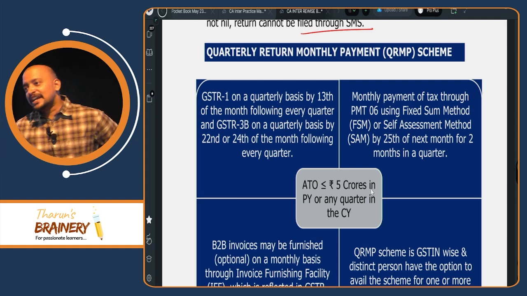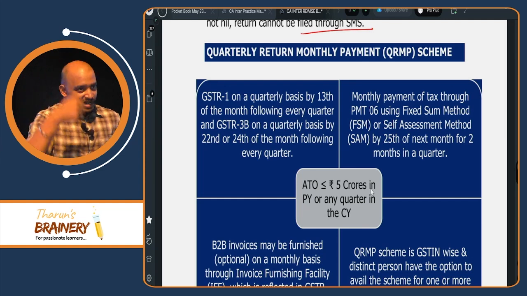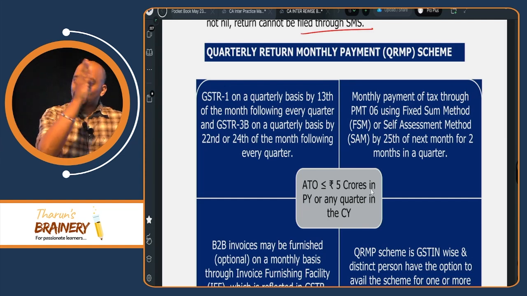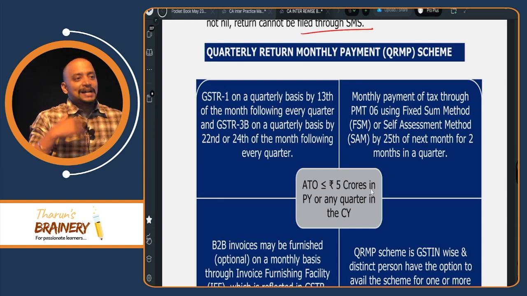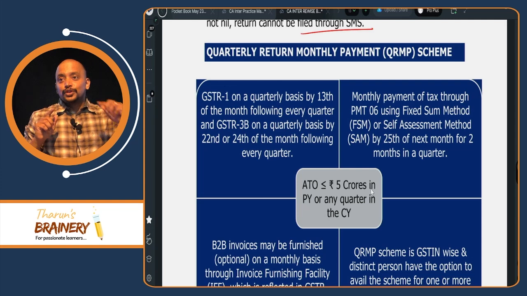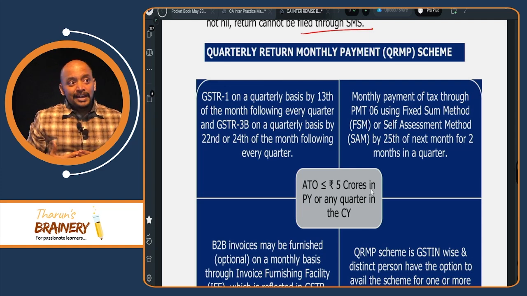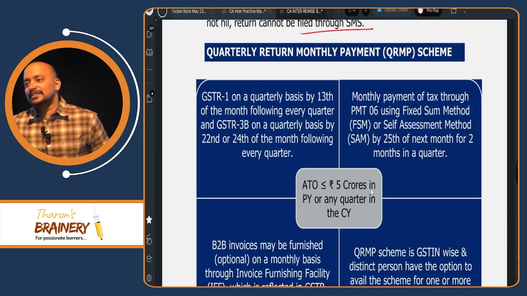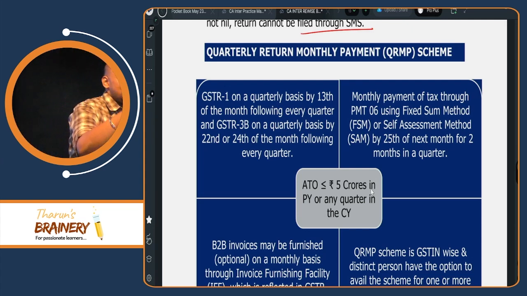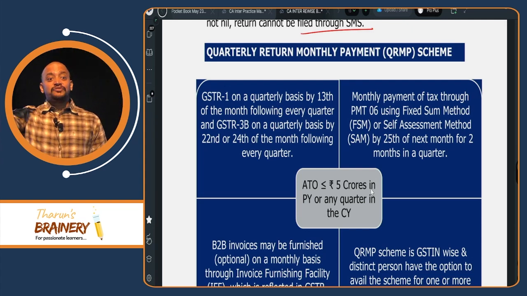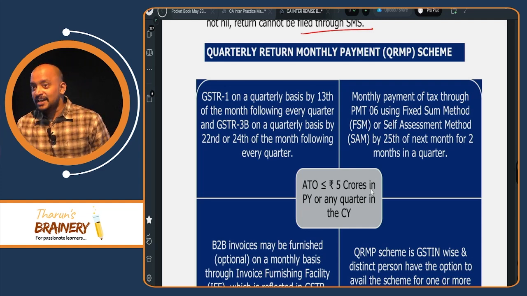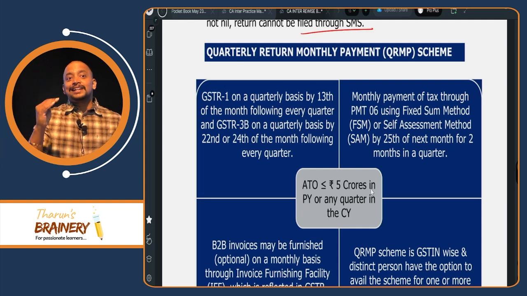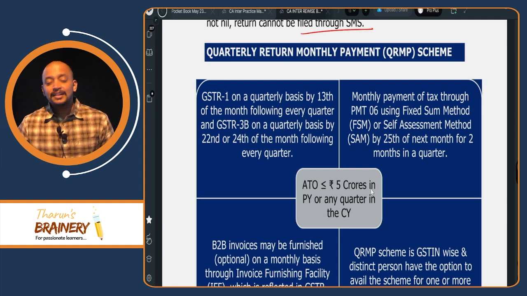Now my recipient will not keep quiet. He will come and ask me, you go for quarterly or whatever, I am not bothered, I want my ITC. Correct or not? So how can I give the ITC to him on a monthly basis? They are telling, you can file the invoice furnishing facility, by the 13th of the month following every month.